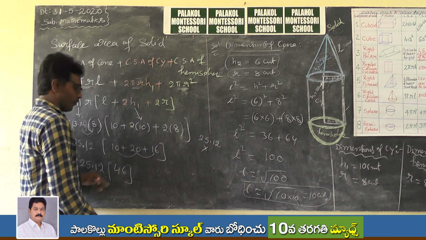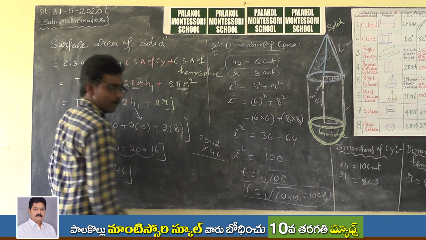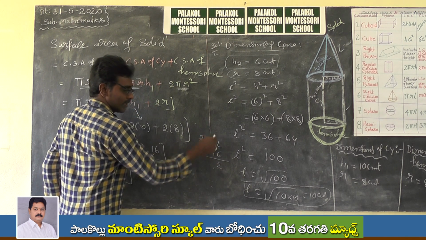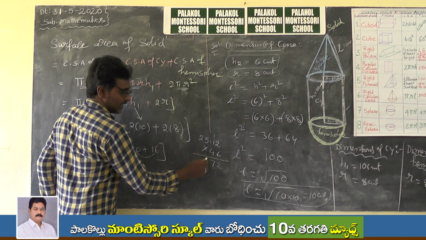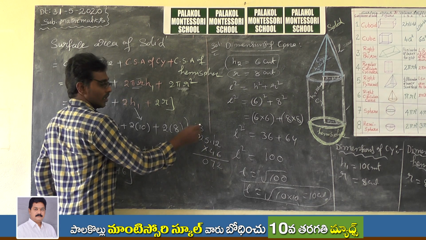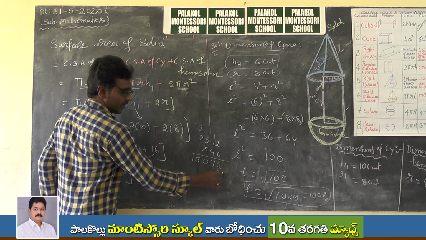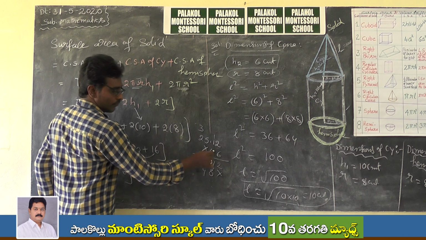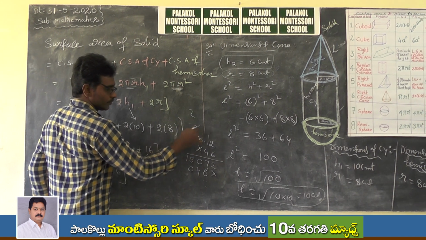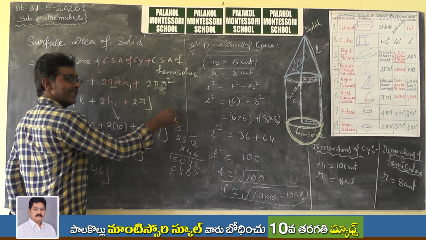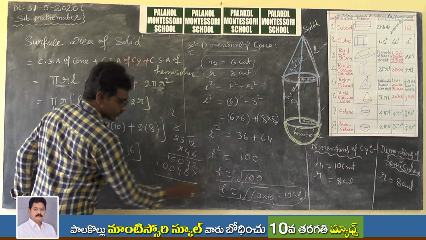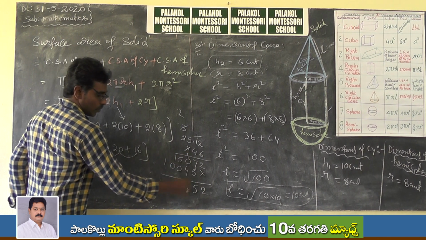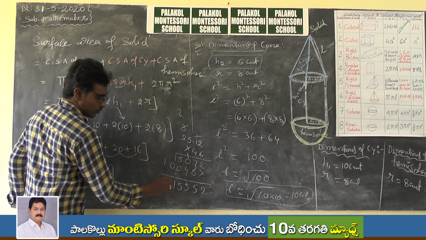Now should be multiplication: 25.12 into 46. Yes, how many times this one? 6 twos are 12. 6 ones are 6 plus 1 is 7. 6 fives are 30. 6 twos are 12. 12 plus 3 is 15. Leave one space. 4 twos are 8. 4 ones are 4. 4 fives are 20. 4 twos are 8. 8 plus 2 is 10.